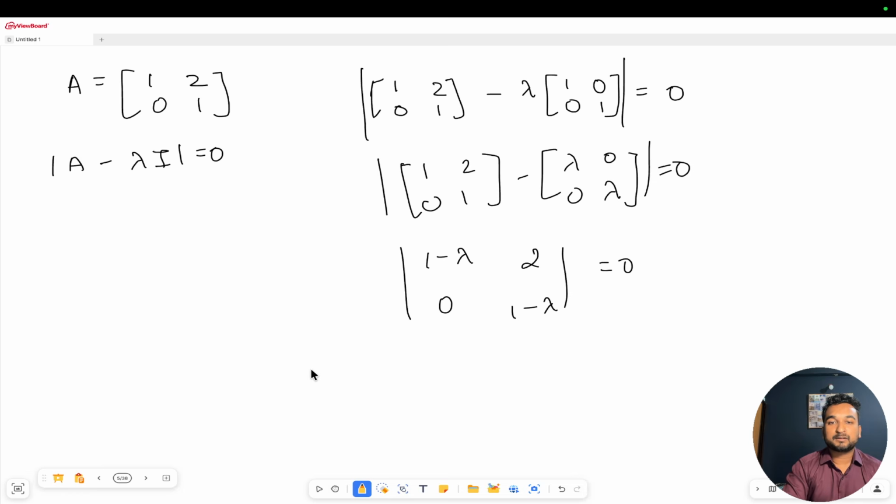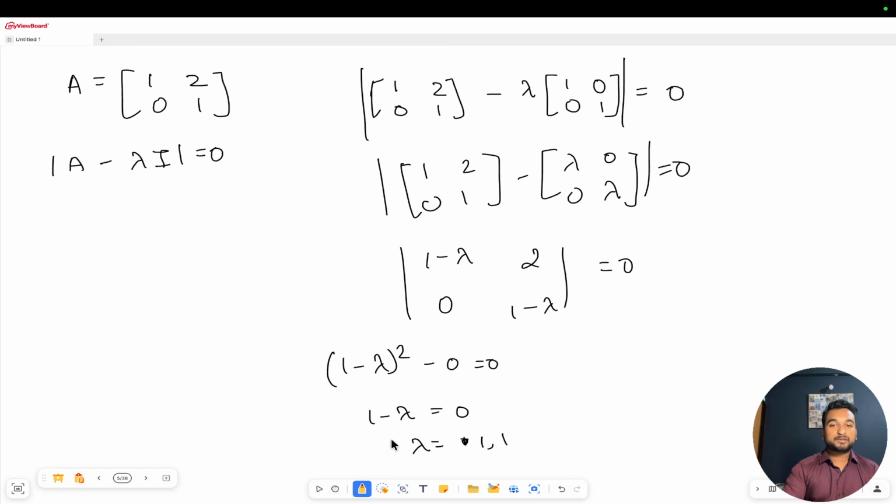Solving this determinant, we get 1 minus lambda square minus 0 equals 0. So 1 minus lambda square equals 0, which is 1 minus lambda equals 0. So you will get lambda equals 1. But it is the square of this, so you will get 2 eigenvalues: 1 comma 1.